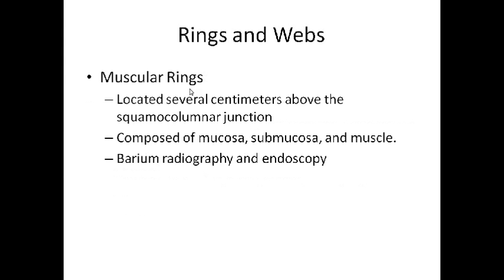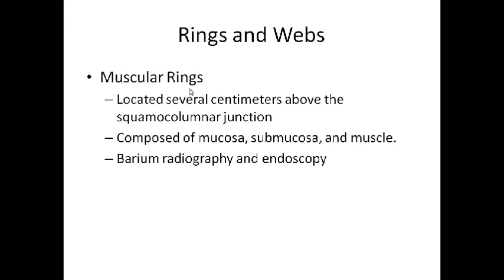We can also have muscular rings, a lot of times due to the constant contraction of some of the muscles of the esophagus. We can form muscular rings. This is located several centimeters above the squamocolumnar junction. This is composed of mucosa, submucosa, and muscles, so the whole layer of the esophagus.